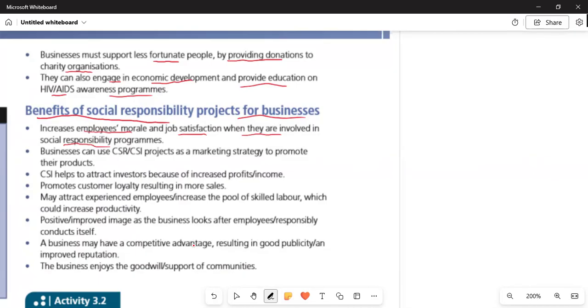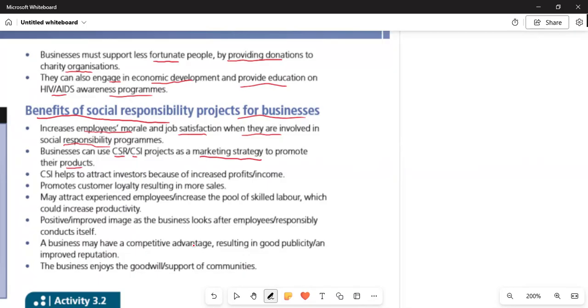It further says the business can use CSR, corporate social responsibility, as well as corporate social investment projects as a marketing strategy to promote itself. So once they give back to the community, where they come up with a project that is going to uplift the community, this is going to serve as a marketing strategy.